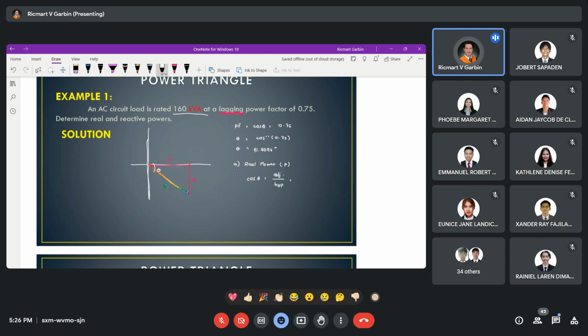So, which is yung adjacent natin is yung real power at yung hypotenuse natin is S. Therefore, ang P natin is equal to S cosine of theta, which is 160 times 10 raised to 3 volt ampere multiplied by cosine of 41.4096.